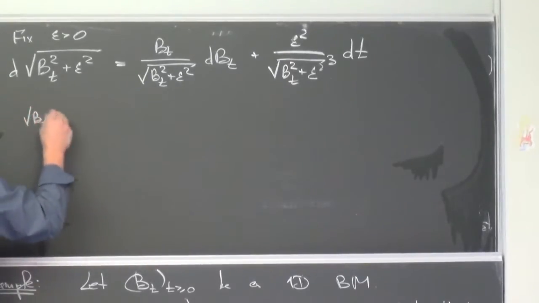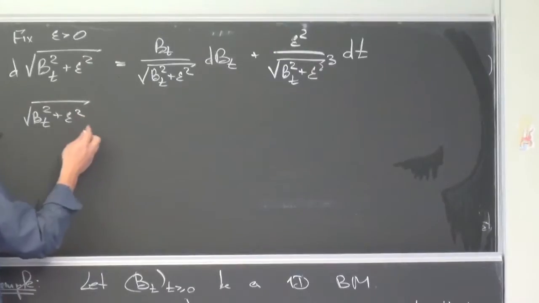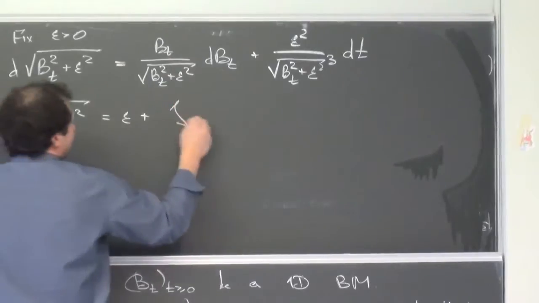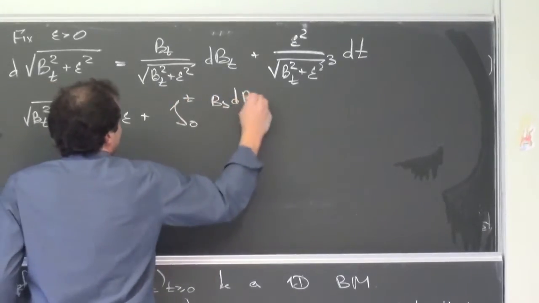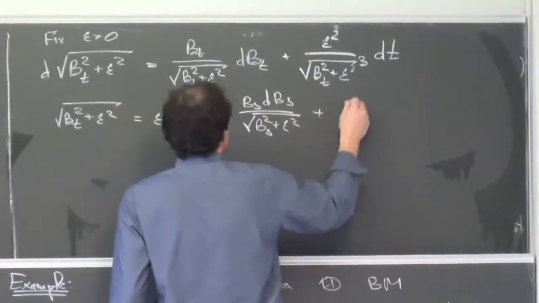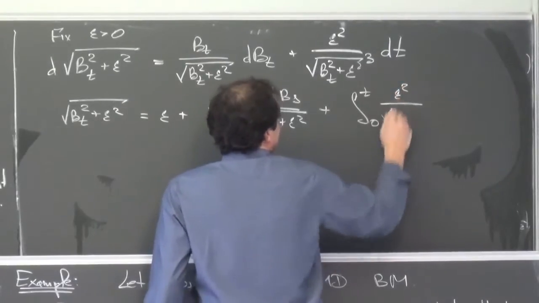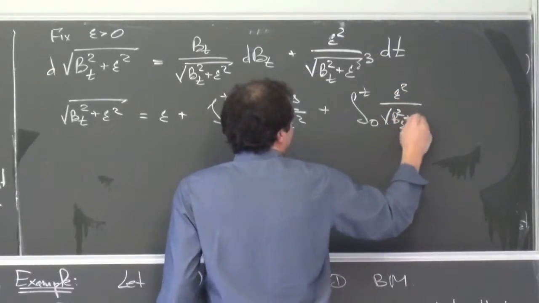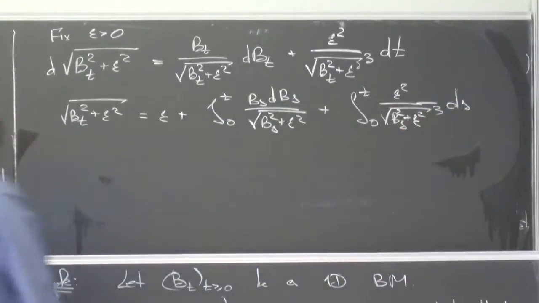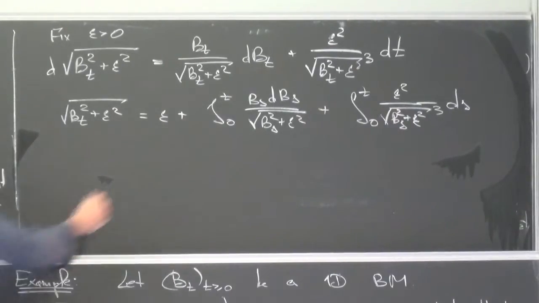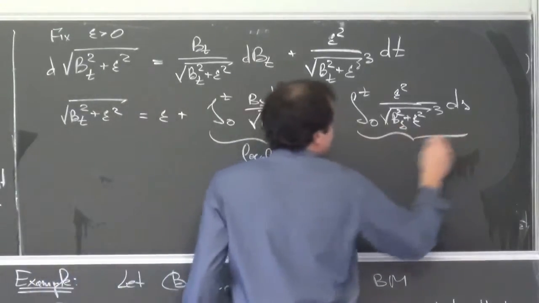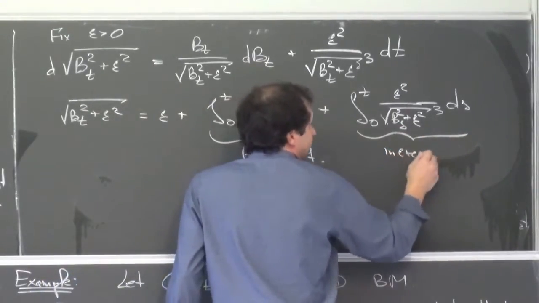If the Brownian motion was started from 0, you just write that this is epsilon plus the integral of B_s dB_s over sqrt(B_s squared plus epsilon squared), plus this error term. So this is a local martingale. This is actually an increasing process.